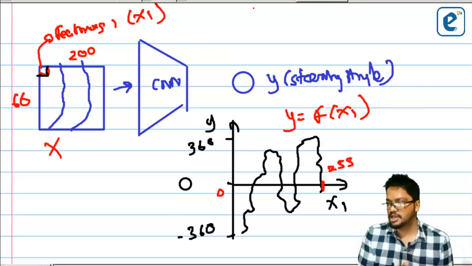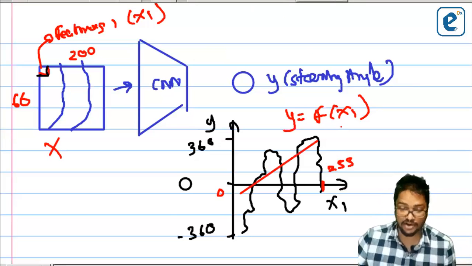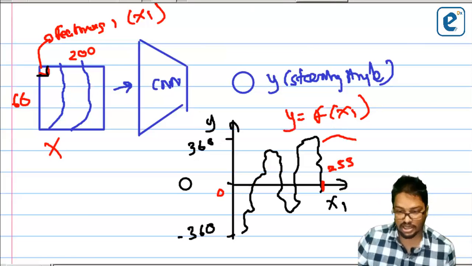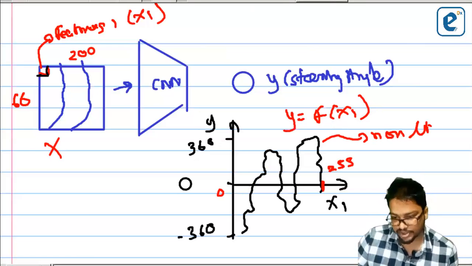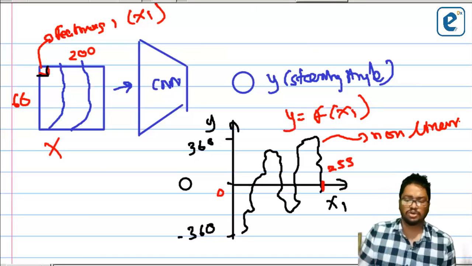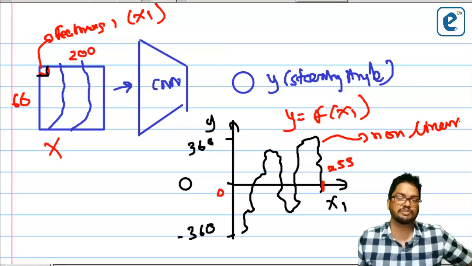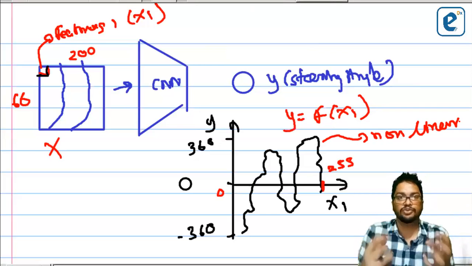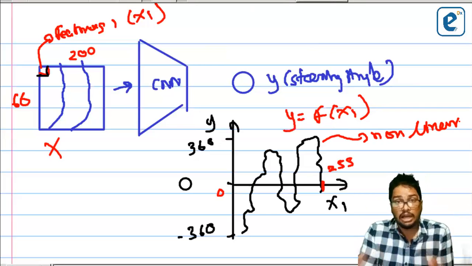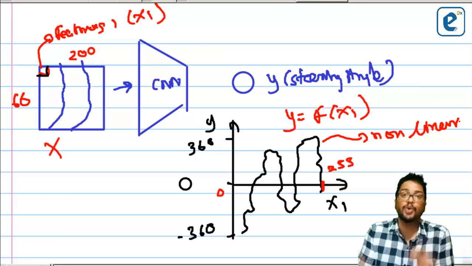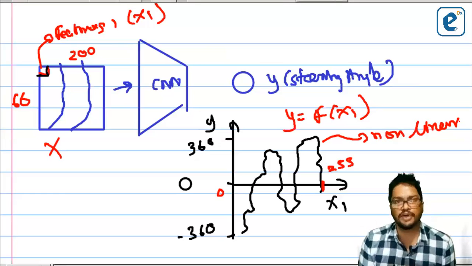So this is not a linear function, it is a non-linear function. If you know that the relationship between your features and labels, your x and y, is non-linear, you definitely have to use non-linear activation functions. Why? What's the reason?